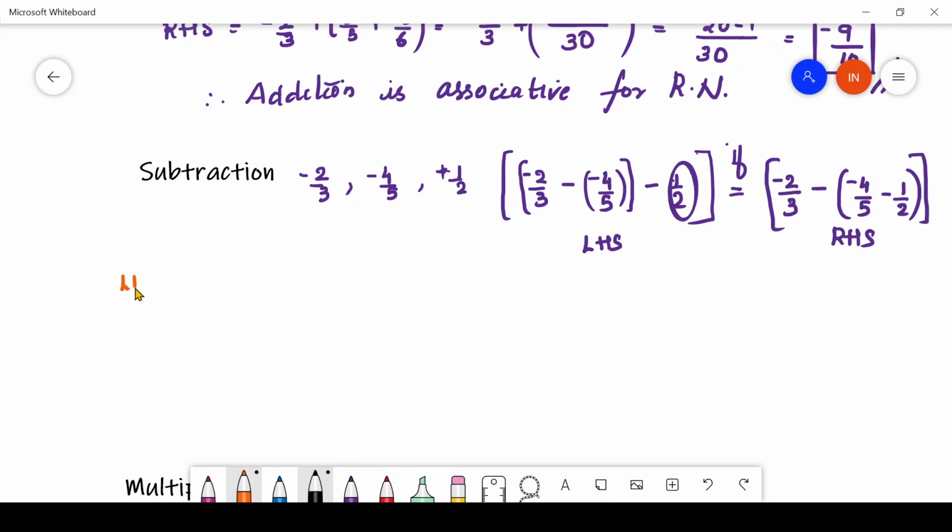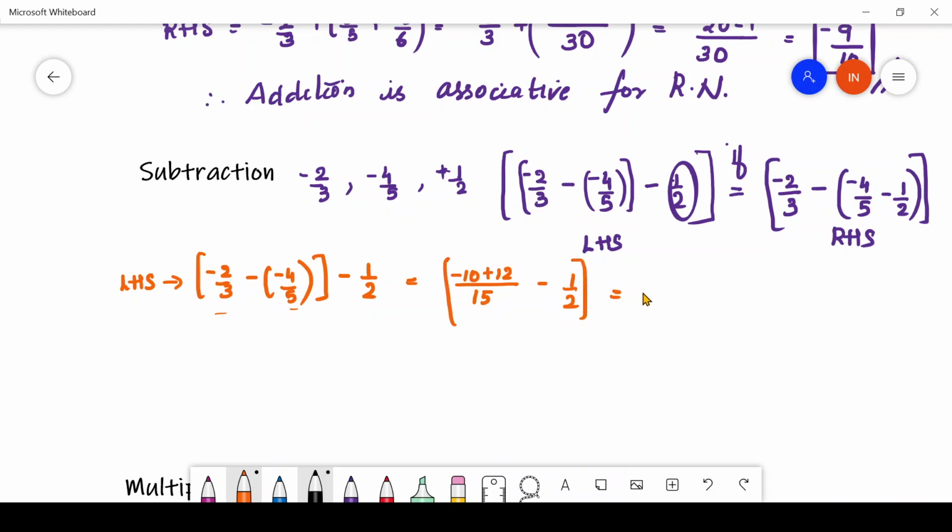So I'm taking here the LHS first. LHS is negative 2 by 3 minus 4 by 5 and then minus 1 by 2, right? So let us go ahead. First you have to see what is the LCM of these two. So 3 and 5 inside the bracket, and the LCM is 15. The numerator will be negative 10 plus 12, and we have 1 by 2 over here.